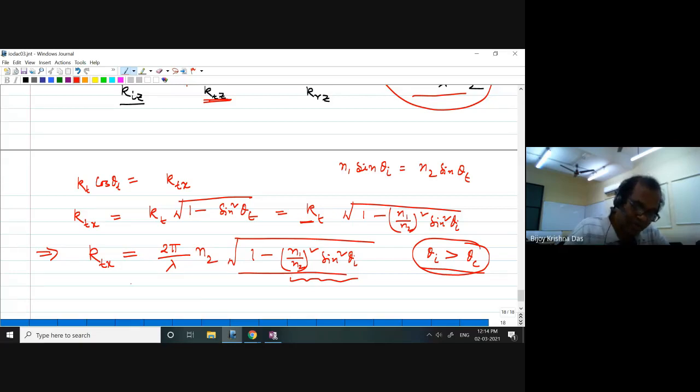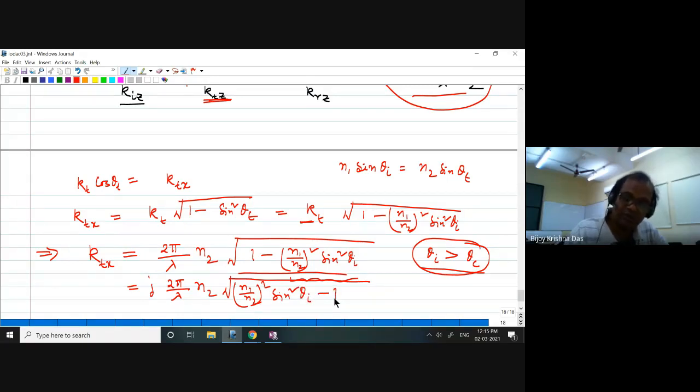So we can write this one as j times 2 pi by lambda times n2, where the quantity under the root is a positive number, I am just writing (n1 by n2) square sine square theta i minus 1. Okay. So this is what we get, ktx.